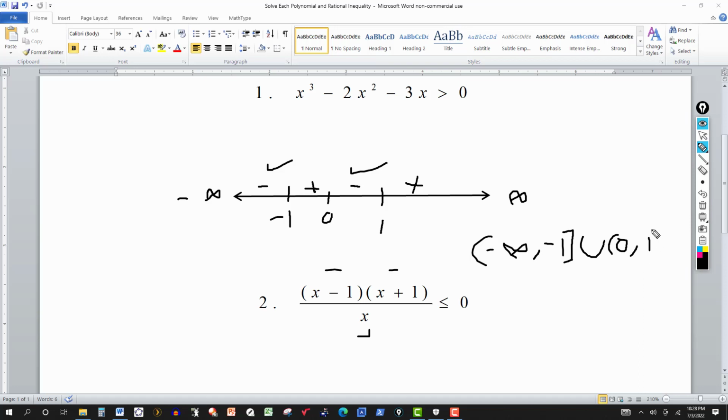And it can equal 1, so we put a bracket right there. Now if it didn't have this equal right here, if this was just less than, this would be pretty much the same. The only difference is instead of a bracket on this -1, it would be a parenthesis. Instead of a bracket on this one over here, it would be a parenthesis.